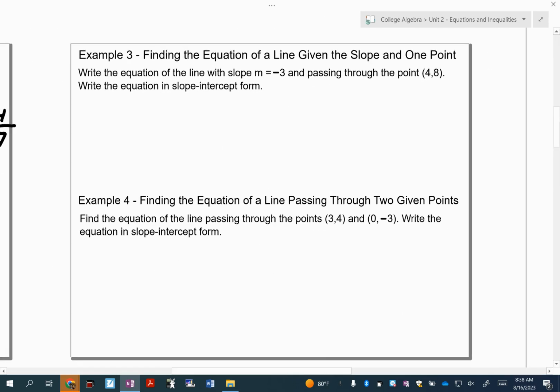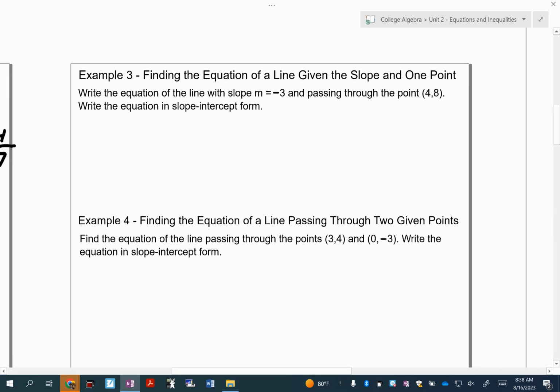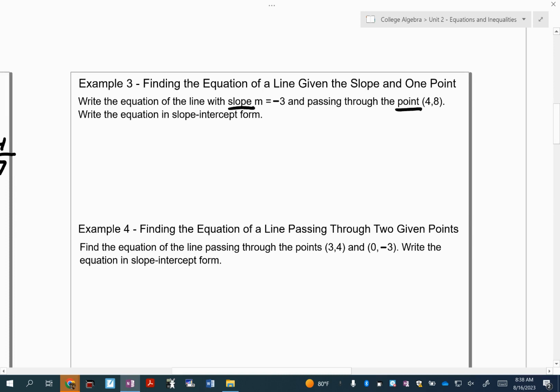Example 3 says that they want us to write an equation where the slope of this line is negative 3, and it goes through the point (4, 8). So if we're given a point and we're given a slope, we're going to be using point slope form, which is y minus y subscript 1 equals m times x minus x subscript 1. And my hope is we'll practice this enough that you'll have it memorized.